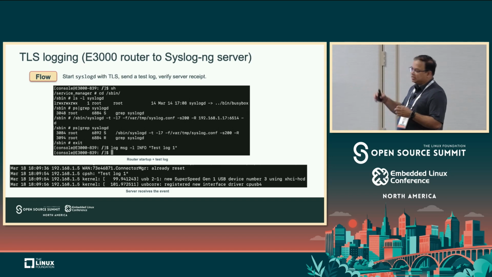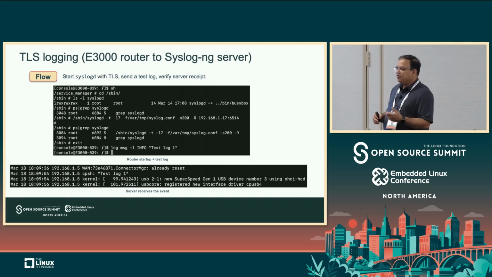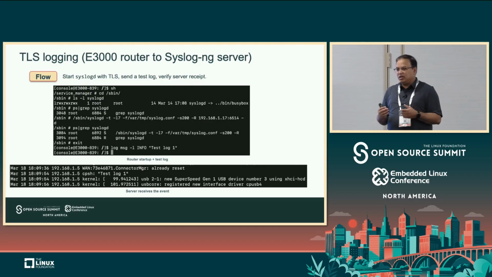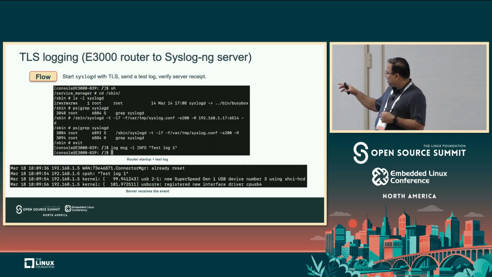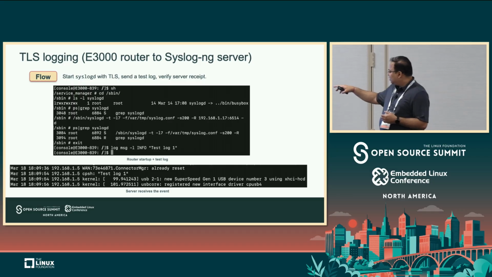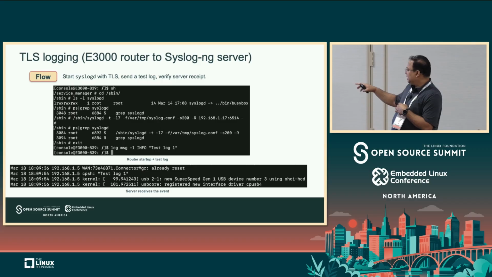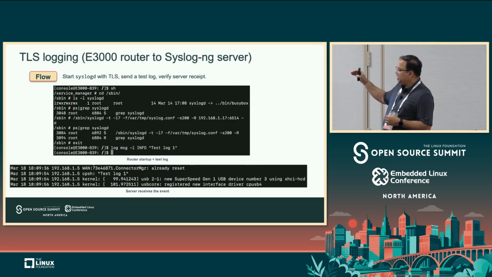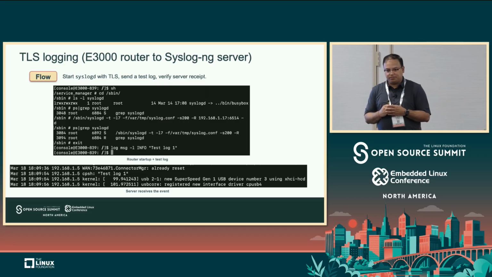The log message is a CLI utility we have in our router to send a remote message for logging purposes. It will generate that log with the testlog1 message. The snapshot below shows the syslog-ng server receiving the message testlog1 sent from the router.